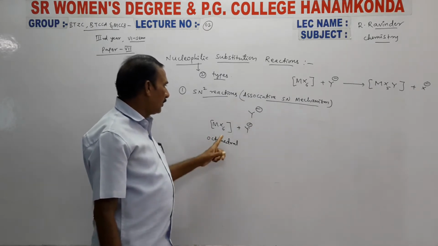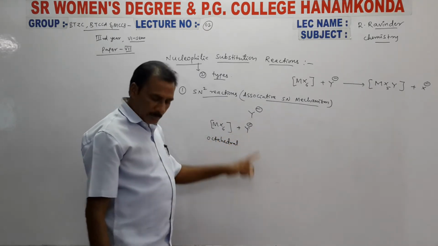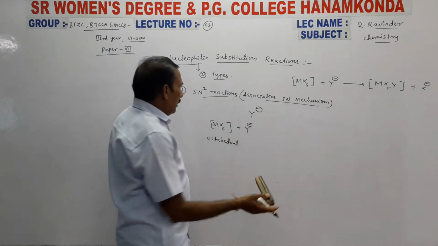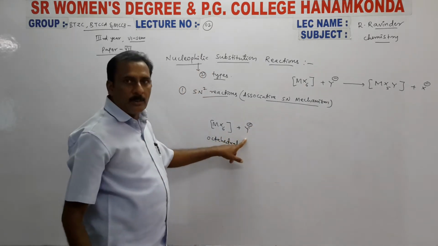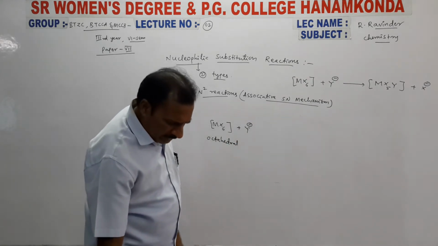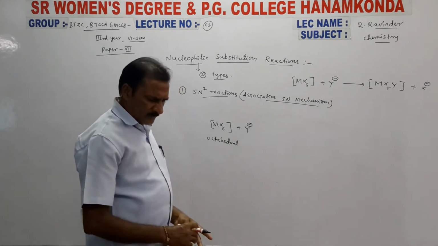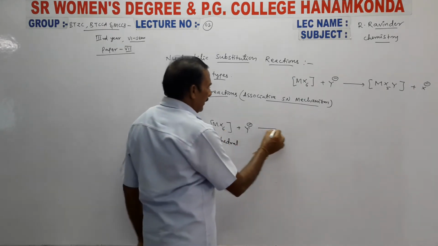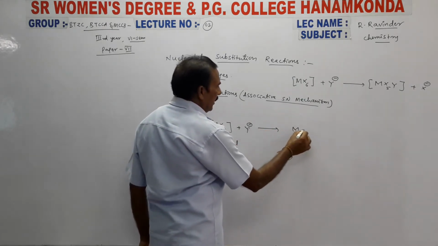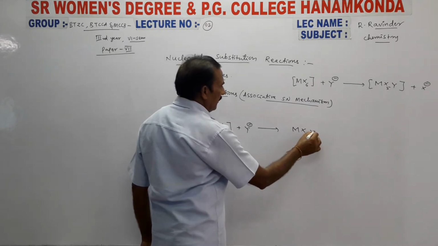To this octahedral complex, the newly coming ligand Y minus adds in the slow step, not the fast step, to give an intermediate complex. The intermediate complex is MX6Y.